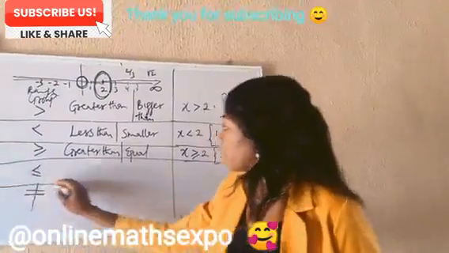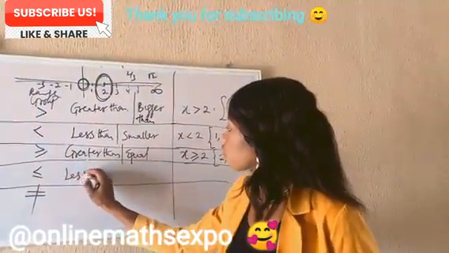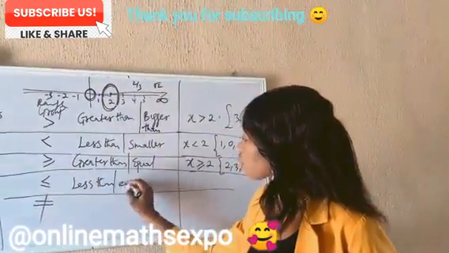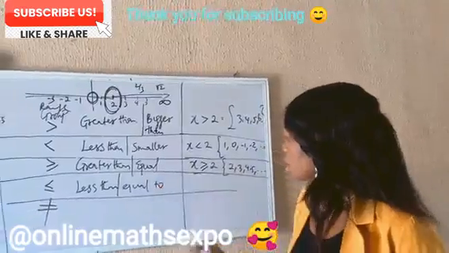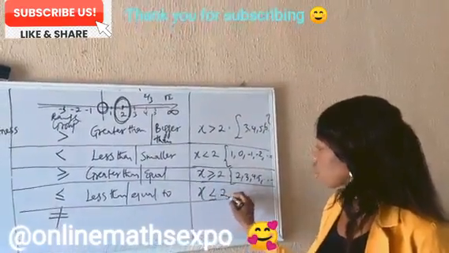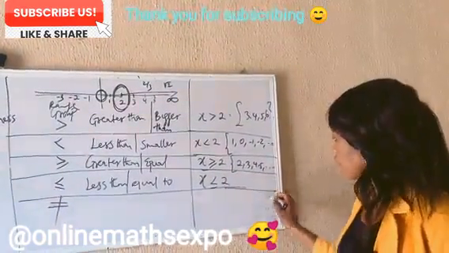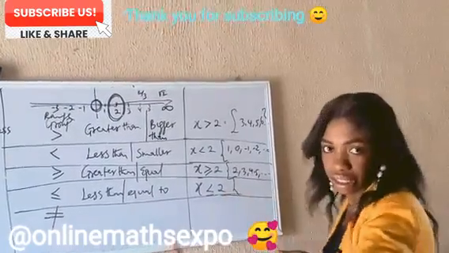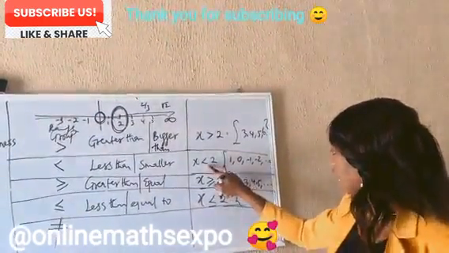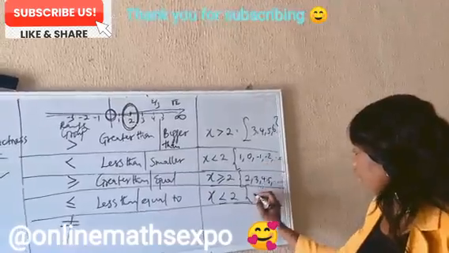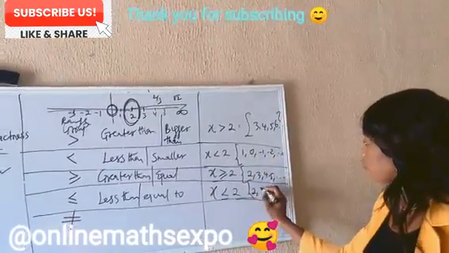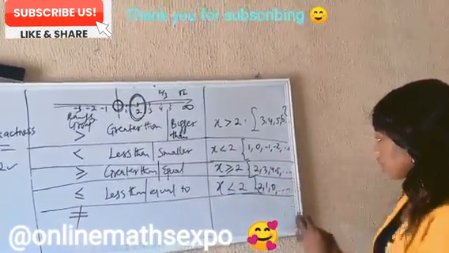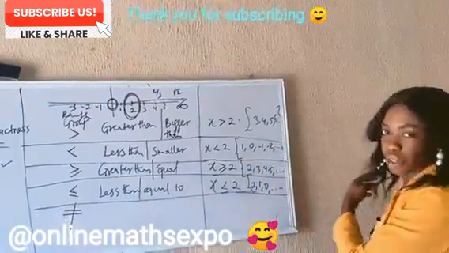Then the other one is less than or equal to. What does it mean? If we say that x is less than or equal to 2, we mean numbers that are equal to 2 and decreasing, which are 2, 1, 0, then decreasing, minus 1, minus 2, and the rest.